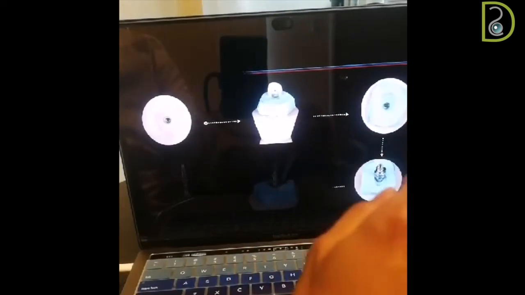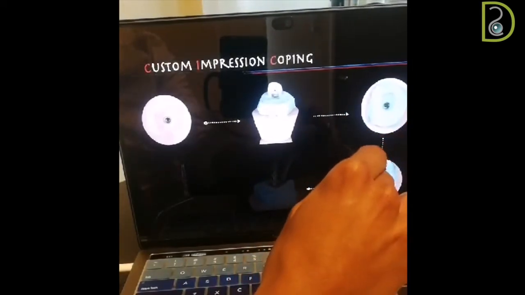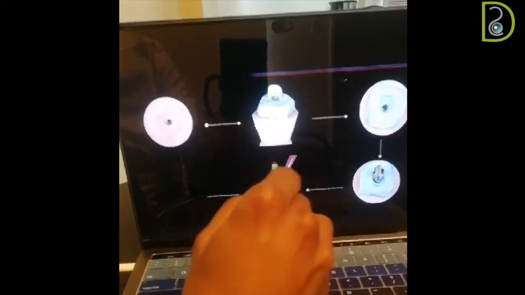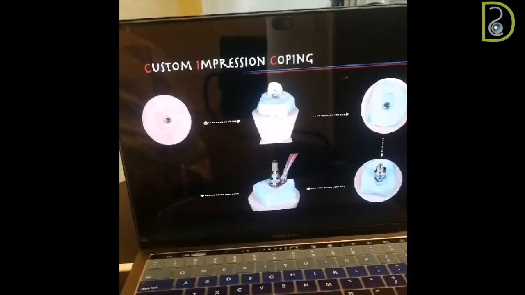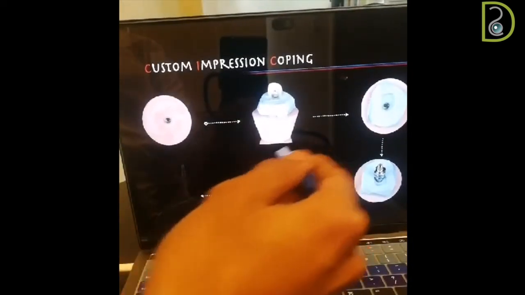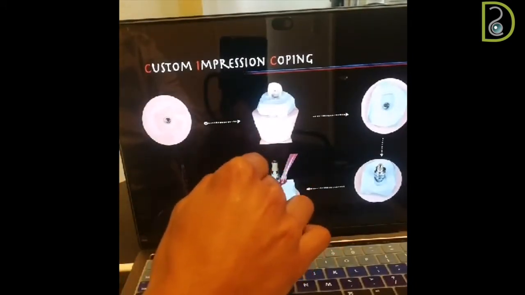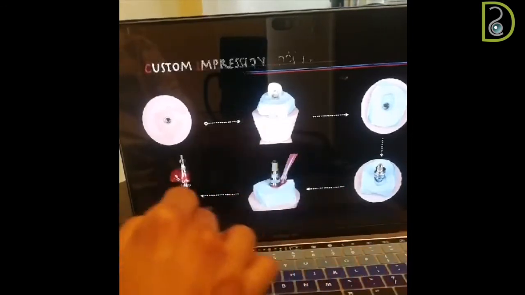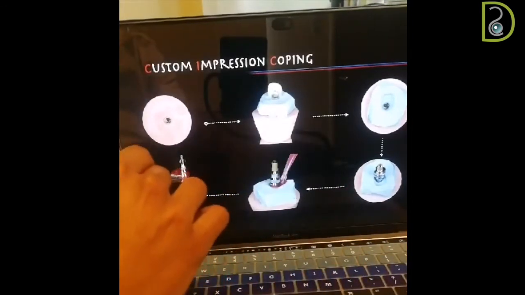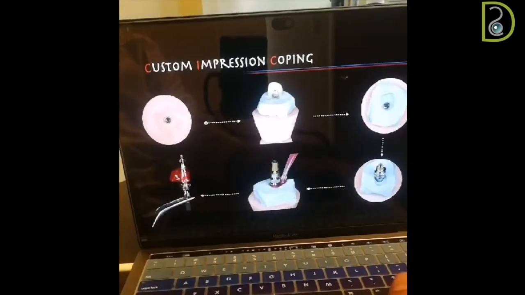After that, the impression coping will be stabilized with any resin material, GC resin or flowable composite. So in this case I used GC resin material to capture the emergence profile that I need, and finally I polish and glaze the custom impression coping to make sure it will not irritate the soft tissue there.